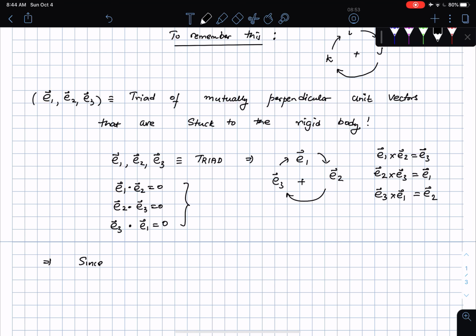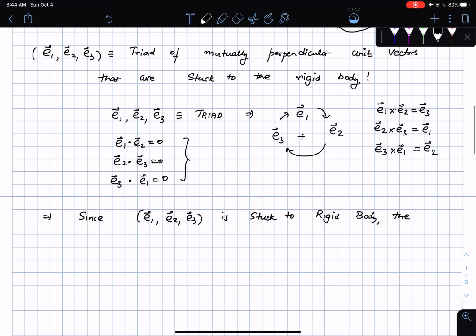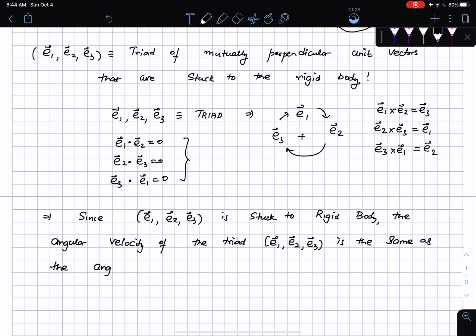So since E1, E2, E3 is stuck to the rigid body, the angular velocity of the triad E1, E2, E3 is the same as the angular velocity of the rigid body. I hope this is making sense.